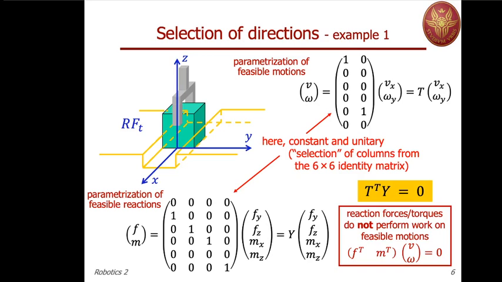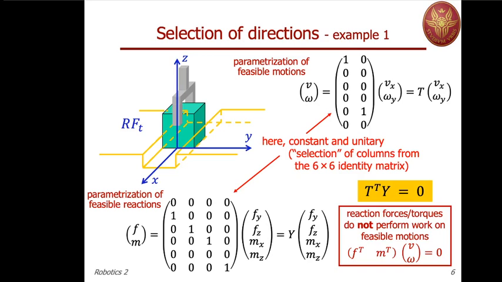Now this is written in the reverse way, but it's the usual way that we do things. So forces, momentum as a row vector, and velocity, linear angular velocity as a column vector. Of course, you can transpose this and you obtain the same results, and this is what the product T transpose Y is saying.